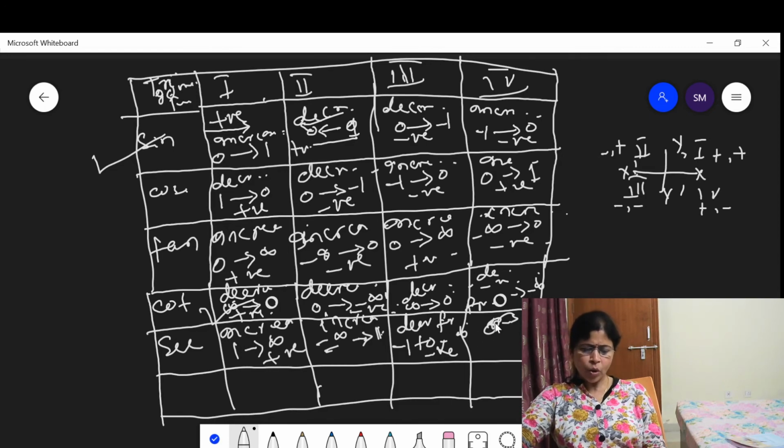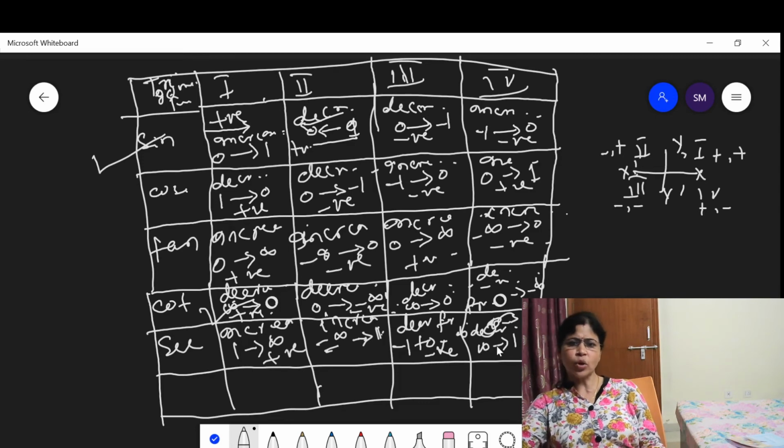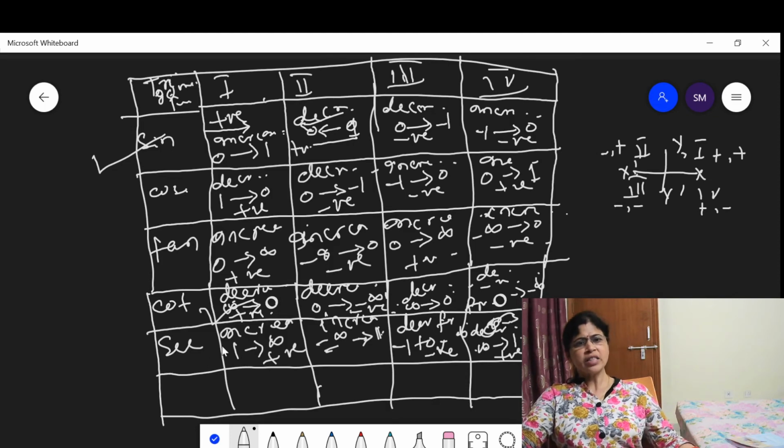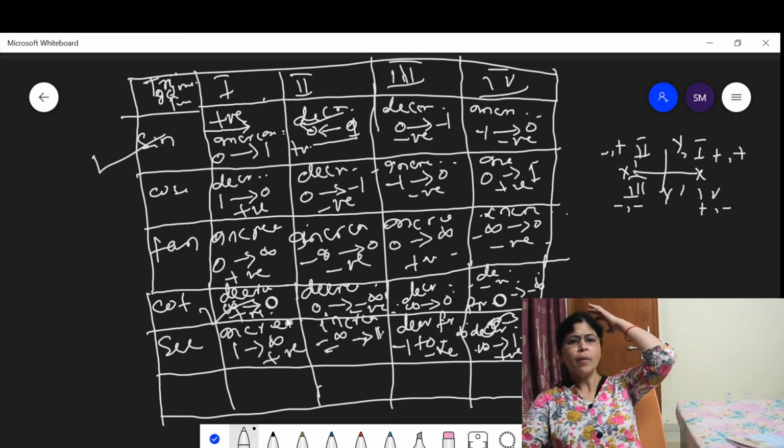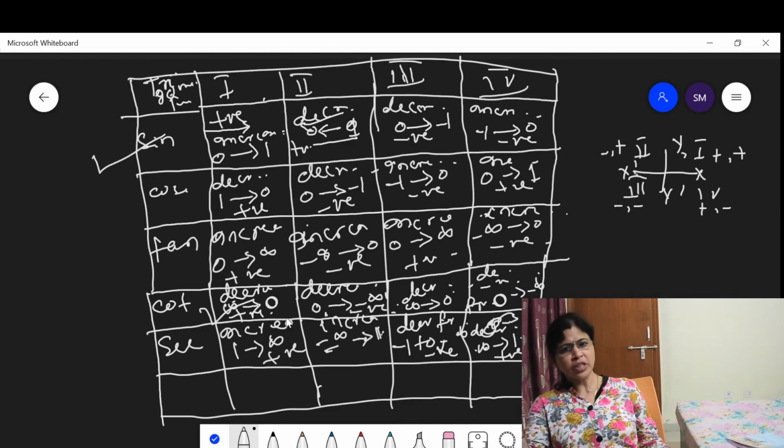In the fourth quadrant, it is also decreasing from infinity to 1, but the value is positive, because the values between infinity to 1 are positives. Look here: the sec value in the first quadrant is in increasing mode from 1 to infinity, which means positive value.